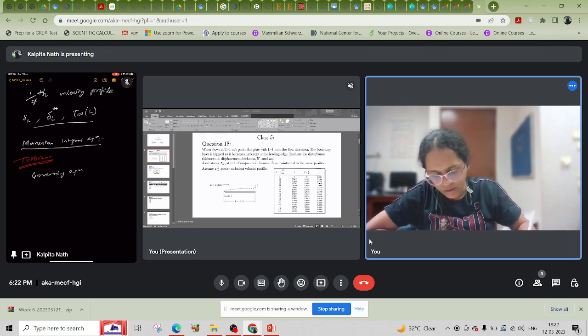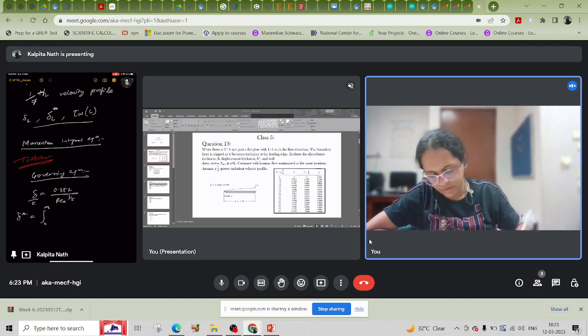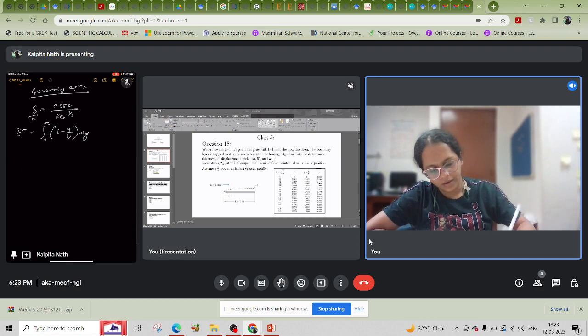the governing equations are delta by x equal to 0.32 by Reynolds number to the power 1/5; delta star equal to the integral from 0 to infinity of 1 minus small u by capital U dy; and Cf equal to tau w by half rho U square, that is 0.0594 by Reynolds number to the power 1/5.